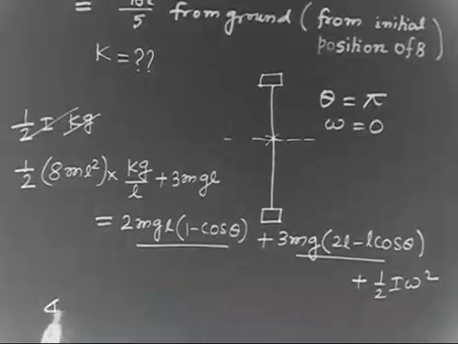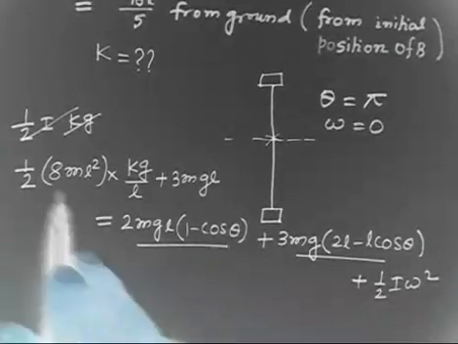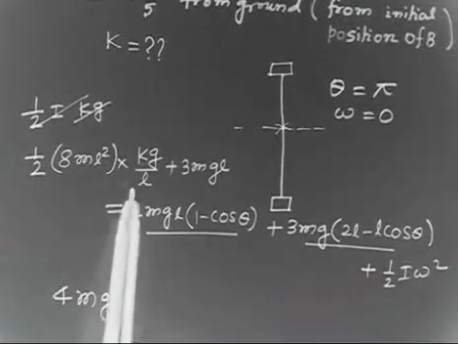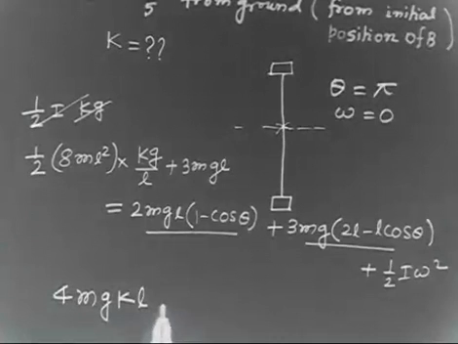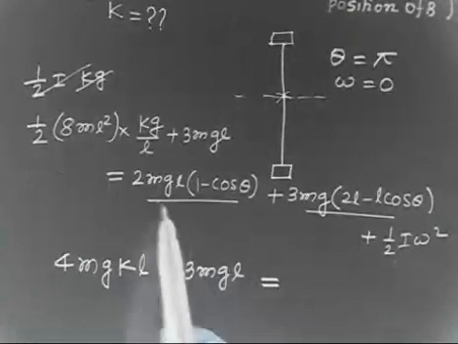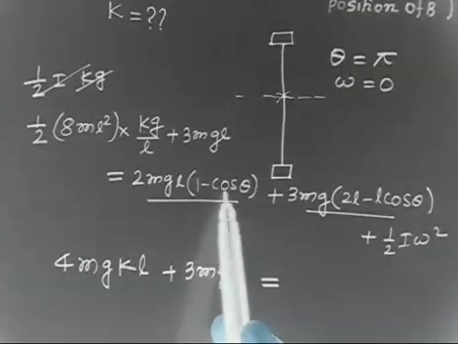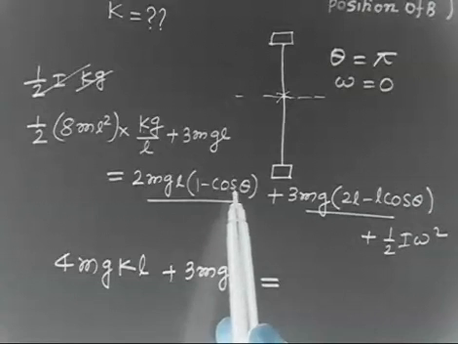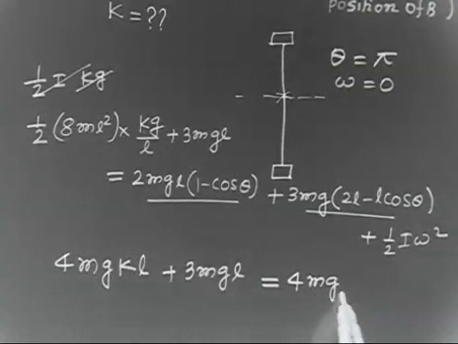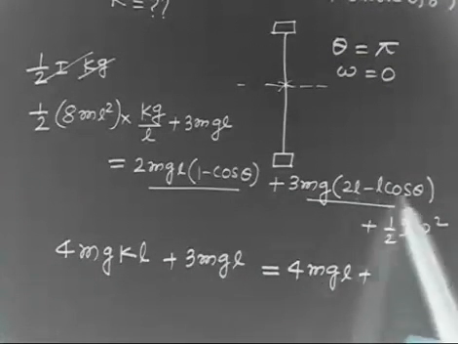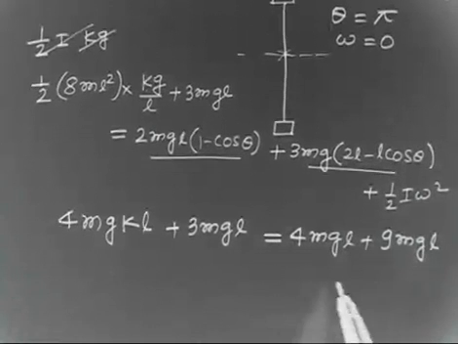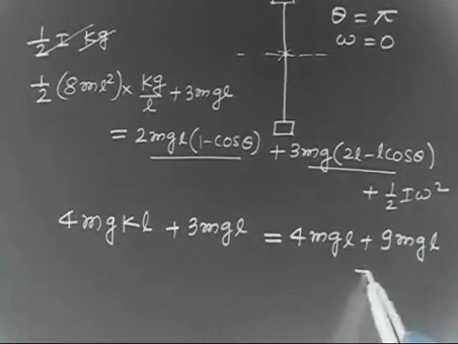We will have 4mgkl, plus 3mgl, is equal to 4mgl plus 3mgl... plus half I omega squared. Are you getting?